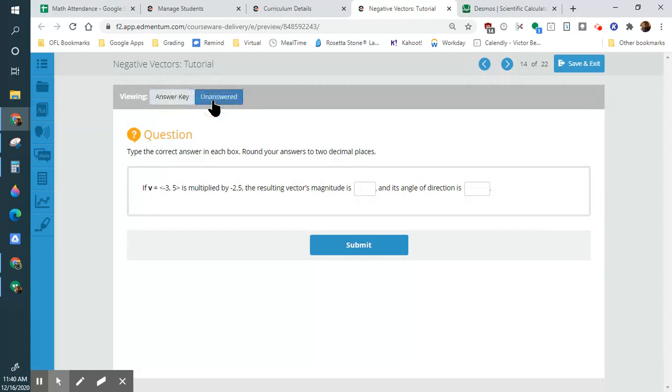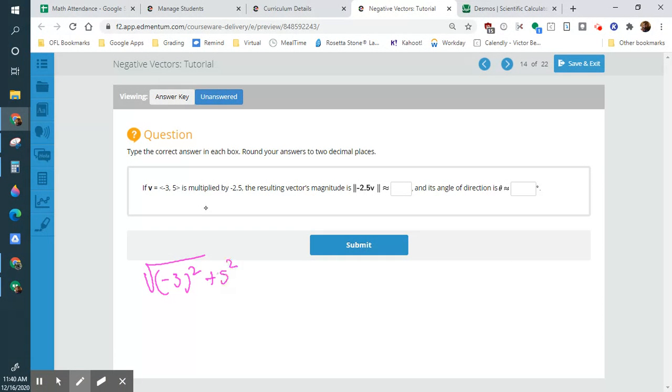All right, so let's go to this one. They want us to find the magnitude and their direction. So first, let's find the magnitude before multiplying it. So we have square root of -3 squared plus 5 squared.